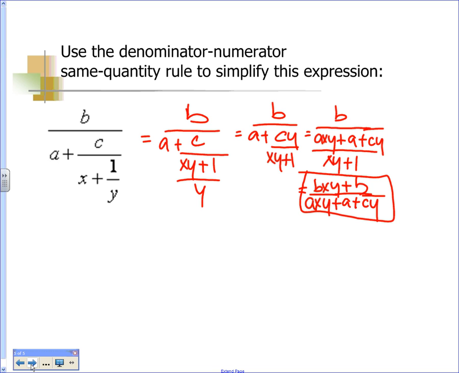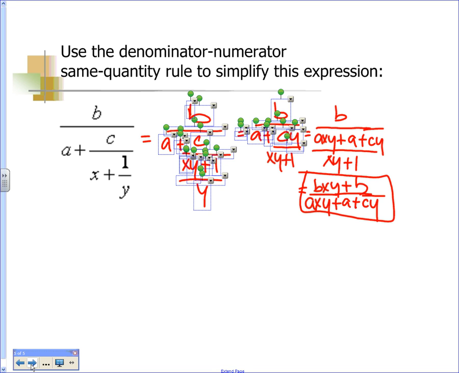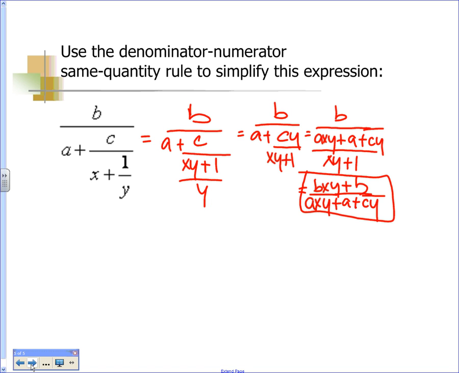You start with this part. Common denominator is just a y. And then the x has to be multiplied by y. So you get xy plus 1 over y. Yes, c over xy plus 1 over y. And then you're looking at this part right here. You got a number and then a fraction underneath it. And so the y comes up here. He has cy over xy plus 1, which is what he has there.